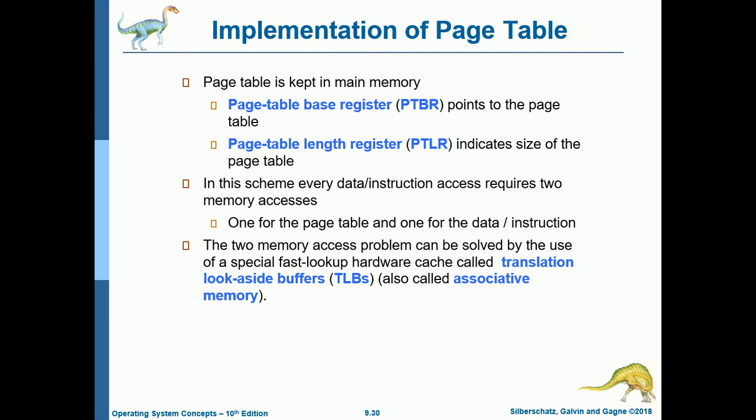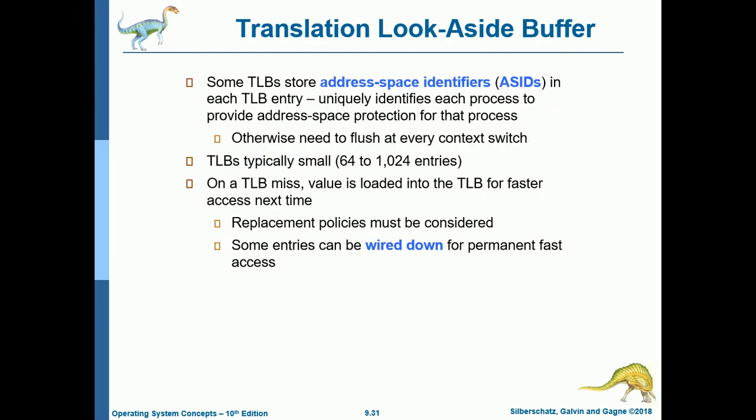The two memory access problem can be solved by the use of a special fast lookup hardware cache called translation look-aside buffers, or TLBs, also called associative memory. So what is a TLB? Some TLBs store address space identifiers in each TLB entry.